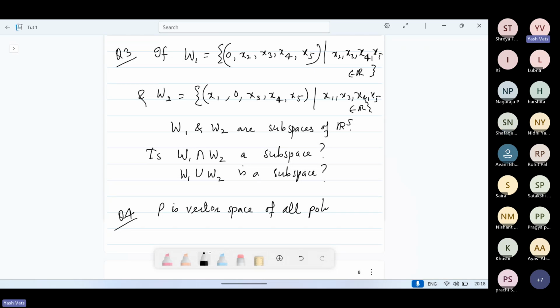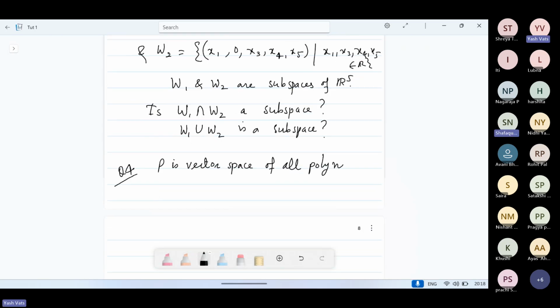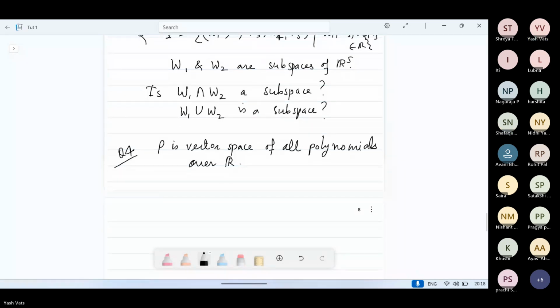How do they look? Polynomials over R. Then I'm writing these sets. The set of p in P such that degree of p equals 4.